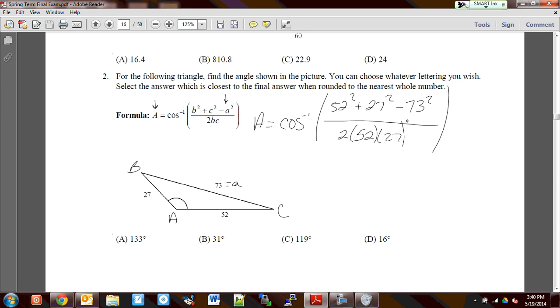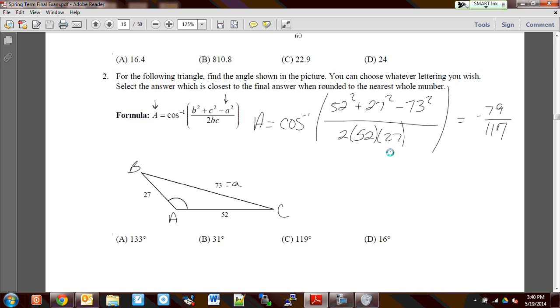Alright, now I'm just going to simply plug this straight into the calculator. 52 squared plus 27 squared minus 73 squared over 2 times 52 times 27. Alright, this here, it gave me a fraction, which is fine, negative 79 over 117.